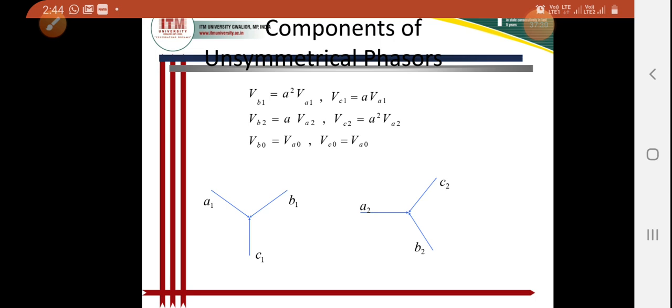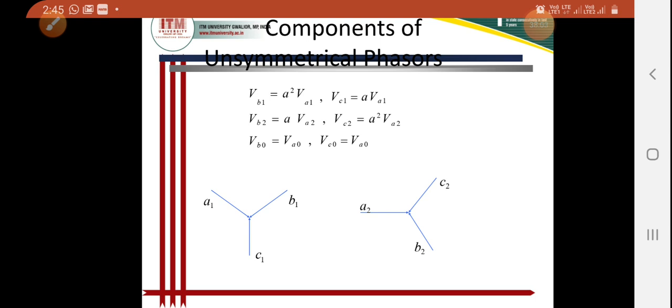We are trying to approach the other voltages, the voltage VB in form of VA1, or the voltage VC in form of VA. When I take the help of symmetrical component analysis, I can talk about the positive sequence component, negative phase sequence component and zero phase sequence component.